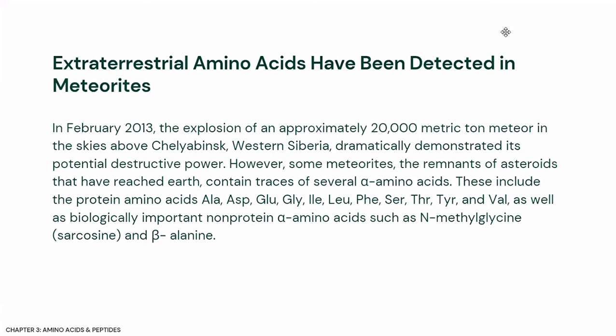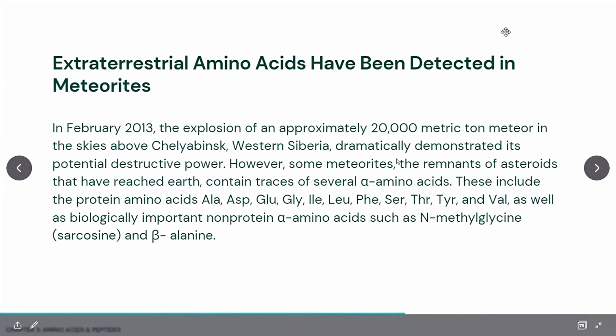Okay, this is what I mentioned earlier, that a major meteorite containing amino acids, very similar to ours. Alanine, aspartic acid, glycine, isoleucine, leucine, phenylalanine, serine, threonine, tyrosine, and valine.